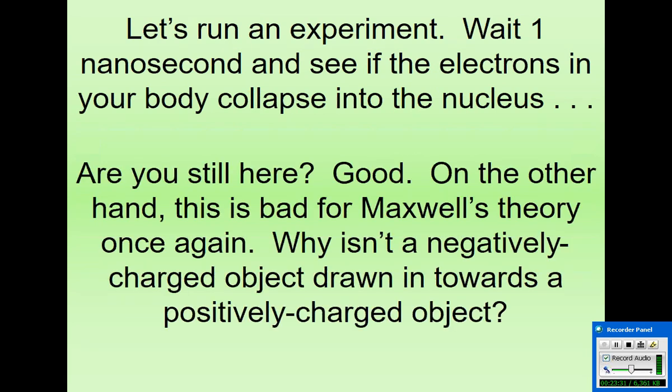Maxwell's theory can't explain that. Maxwell's theory says this negatively charged electron will spiral very rapidly into the positively charged nucleus, and the Rutherford model just can't be true. But the Rutherford model is experimentally verified, and where you see the experiment and the theory in contention with each other, you've got to take the side of the experimental results.